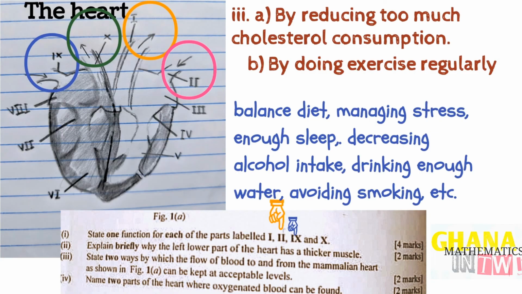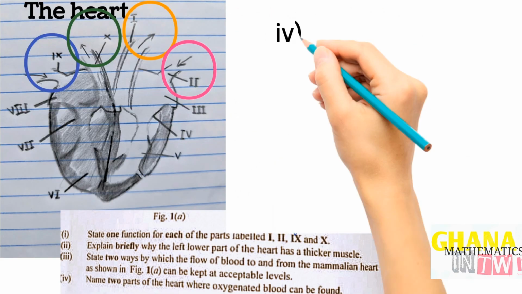These are the measures to maintain the normal function of the heart or to prevent some diseases, because we have cardiovascular diseases. We know of stroke and the rest. So it will be better for us to reduce cholesterol consumption. Cholesterol is good, but too much of everything is bad. So if you are consuming cholesterol, you have to reduce the intake of it.